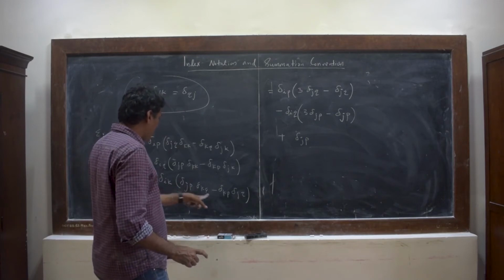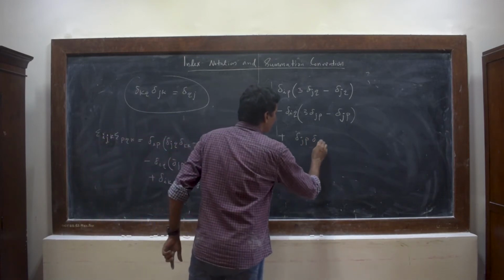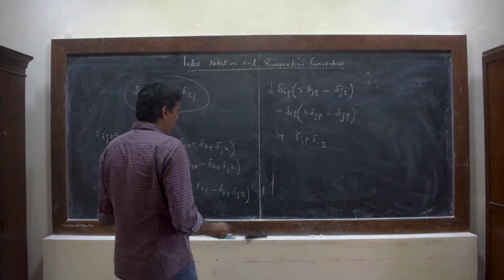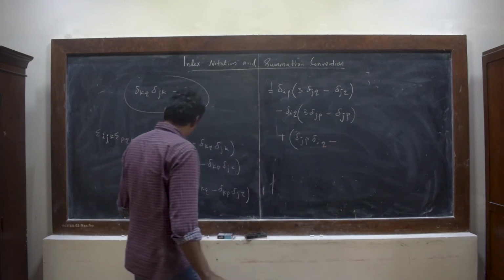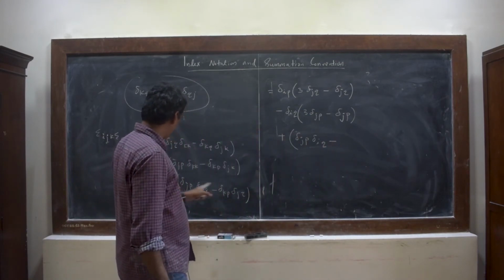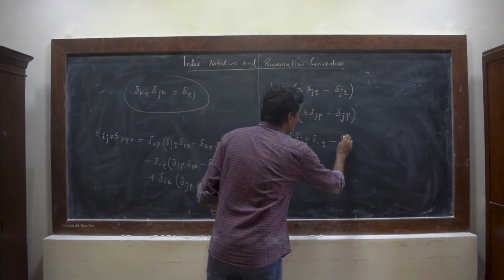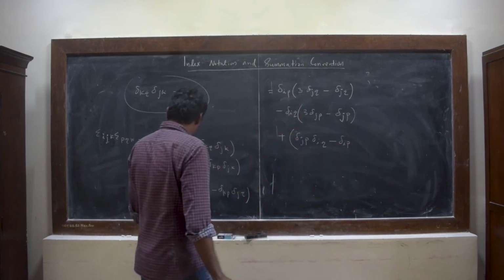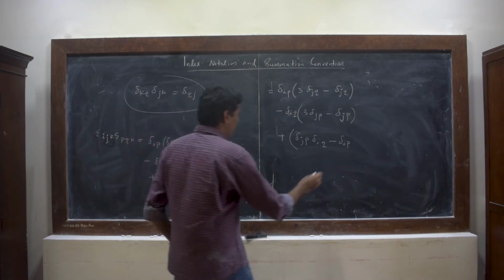So you will get delta IQ, minus delta IK into delta KP, which is delta IP and delta JQ.